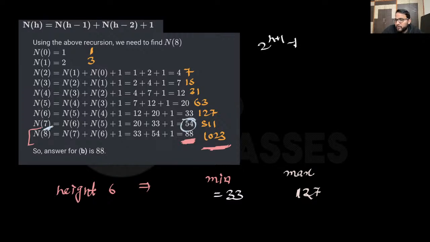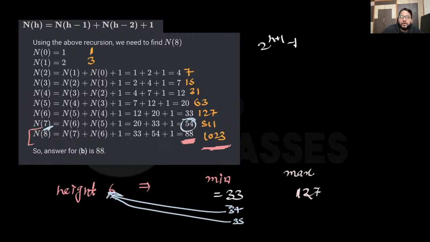So if you have 33, then height is 6. Even if you have 34, then also maximum height can go to 6. If it is 35, then the maximum height can go to 6, right? Minimum height could be very less. With the 33, the minimum height could be just 5.